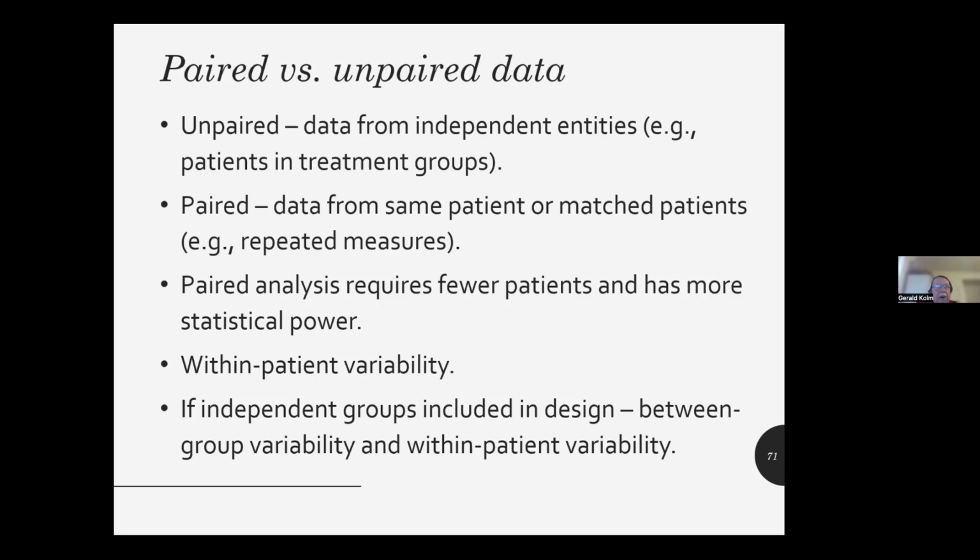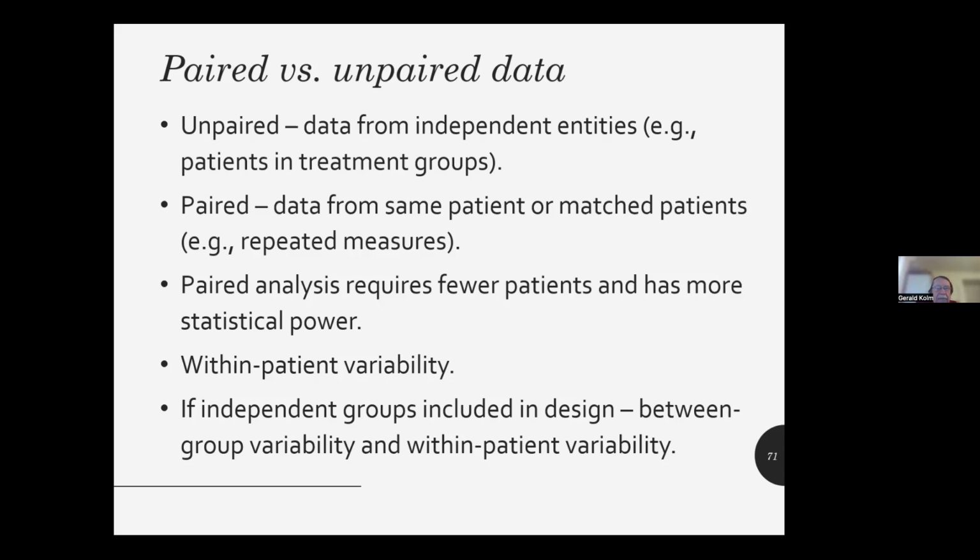If we do paired analyses, then usually that requires fewer patients and has more statistical power than independent groups tests or unpaired tests. But we also then have to deal with within-patient variability.